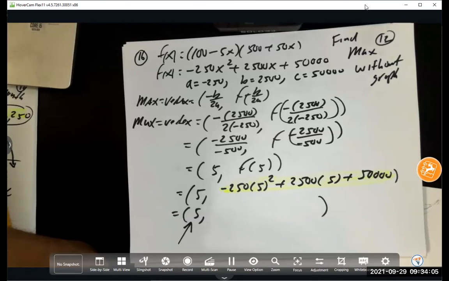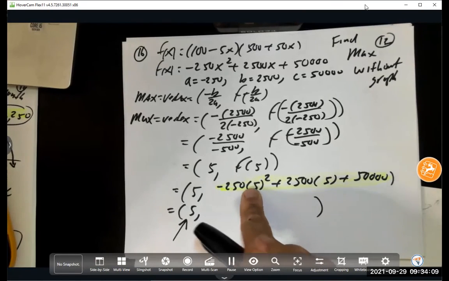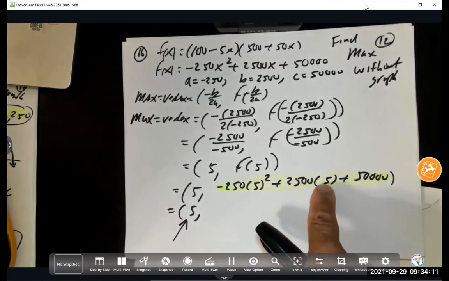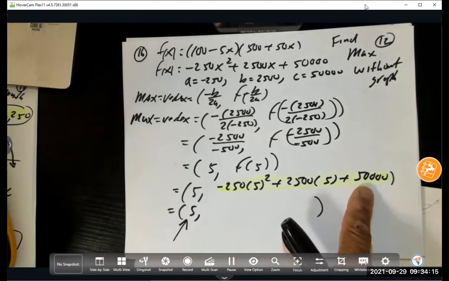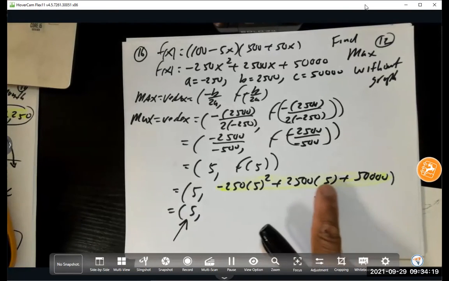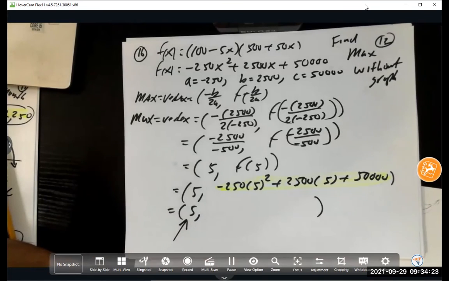Negative 250 times 5 squared, plus 2,500 times 5, and then 50,000. What did y'all get? Okay, there we go. Let me try that again. Okay, we have negative 250. Plus 2,500.